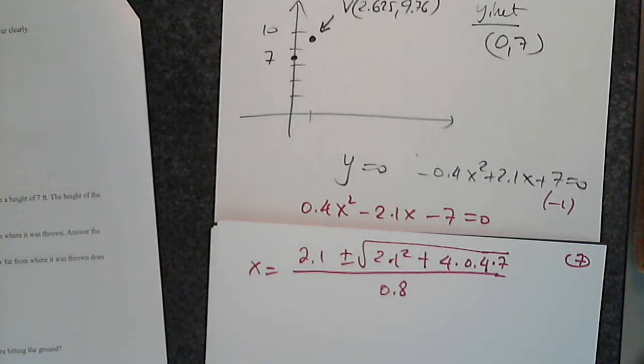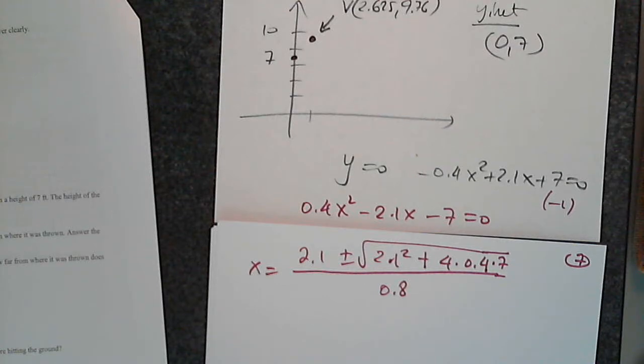So let's do that. Parentheses around the numerator. 2.1 plus the square root. I would put parentheses. Some calculators don't need it, but I will always put it. 2.1 squared plus 4 times 7 is 28.